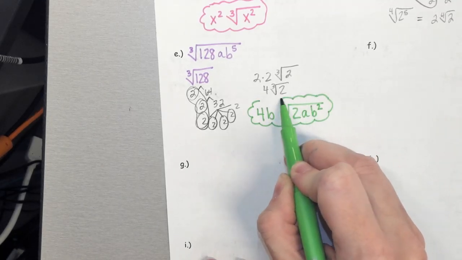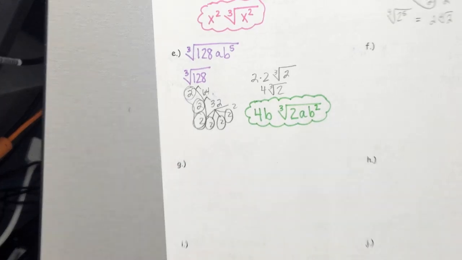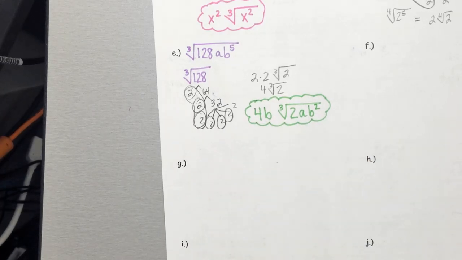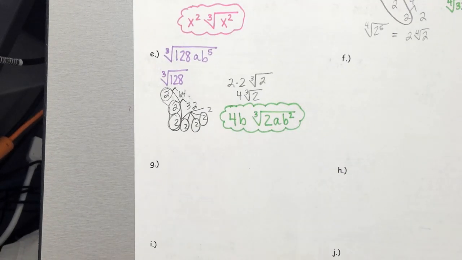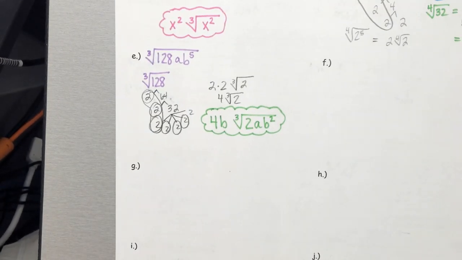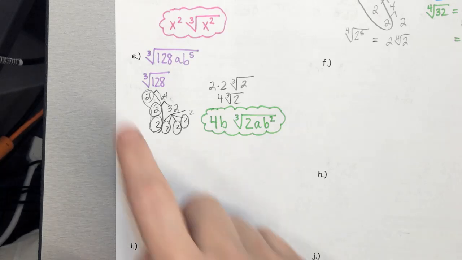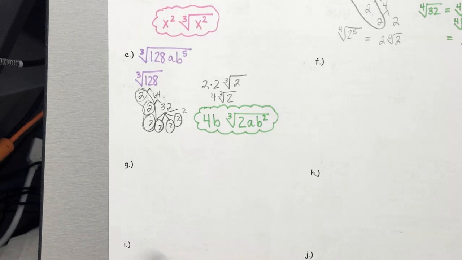Some of these answers are not necessarily pretty or what we're used to seeing, but that's okay. What I want you to focus on is those skills and knowing that if there's a group of 3, that's what comes out based on what the index is.